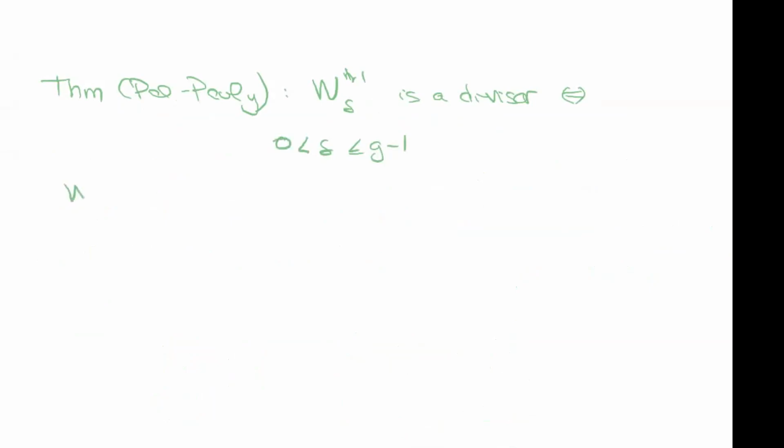They also prove something interesting, that for delta greater than g, the wobbly component is contained in a wobbly divisor. So d max is the maximum of all the deltas which are congruent to the degree mod 2.